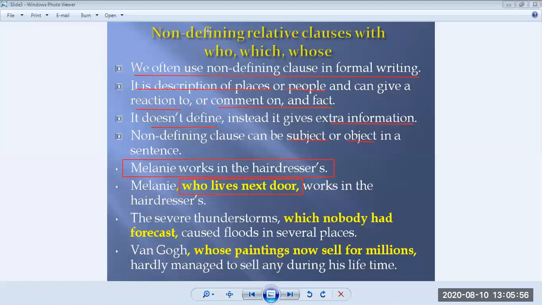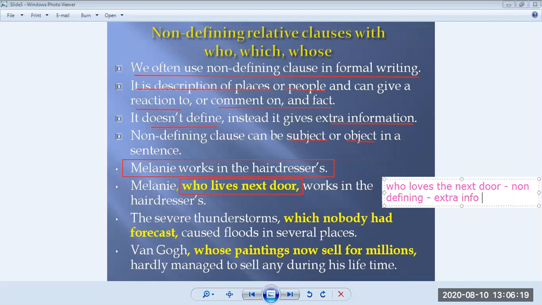So now here, in this sentence, the who lives next door is non-defining. Why is it non-defining? Because it just gives extra info.